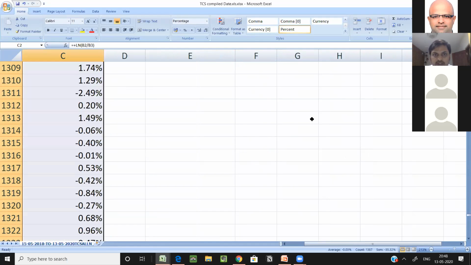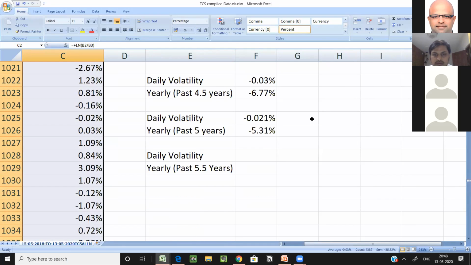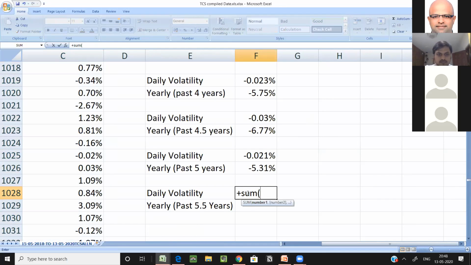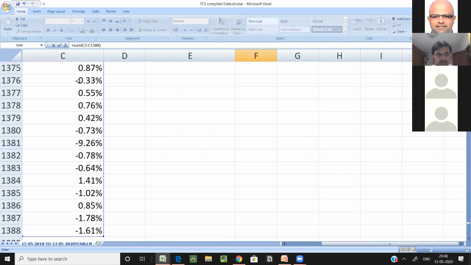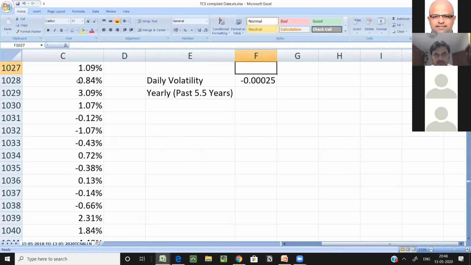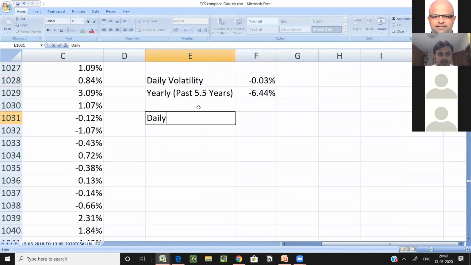The average as per Excel is 0.03%. Again, around 253 trading sessions. And the final volatility calculation, past 6 years.